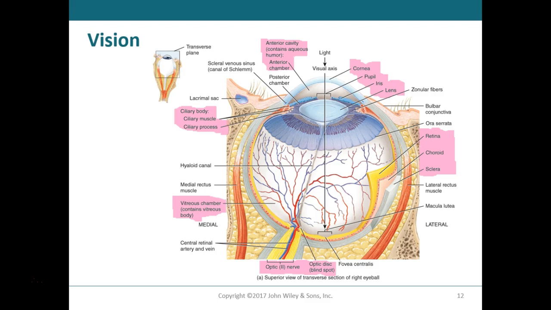The retina may be reattached, though, by laser surgery or cryosurgery, so applying extreme cold to the area. But the reattachment needs to happen very quickly in order to avoid permanent damage to that retina.